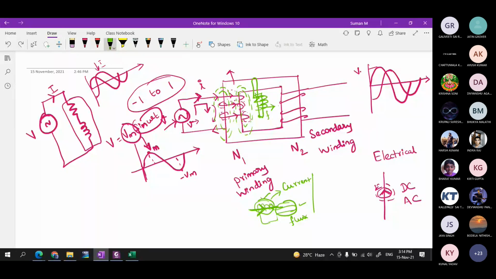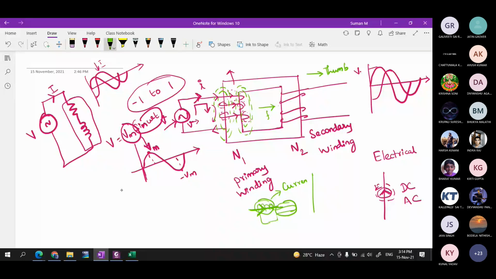So what I want to say is that when you apply the right hand grip rule, it gives the flux direction if you know the current, or it gives the current direction if you know the flux. There are two things: one is the thumb and the other is the fingers.